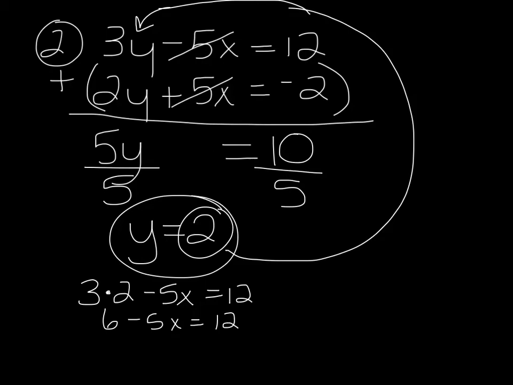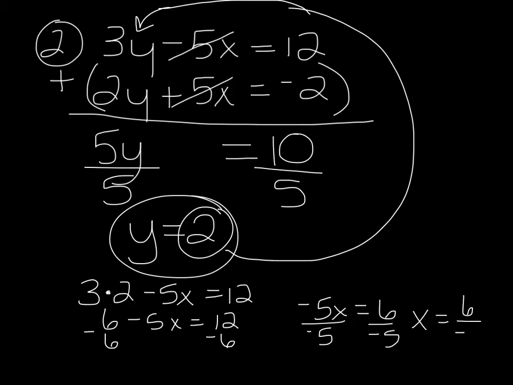Then we're going to subtract the 6, so we get negative 5x equals 6. Then we divide by negative 5, and we just leave x as 6 over negative 5. So your answer would be 6 over negative 5, comma 2.